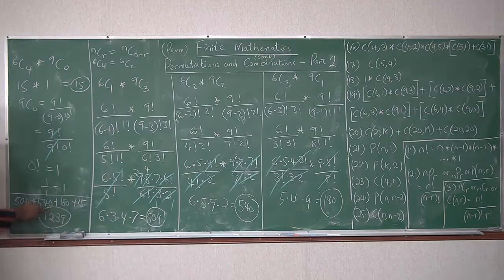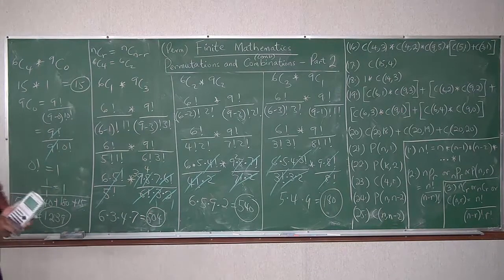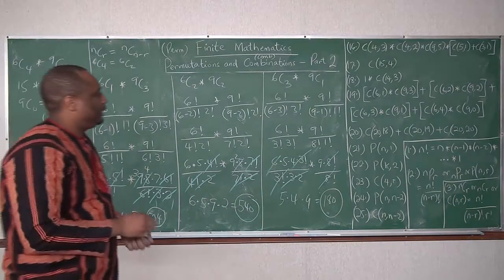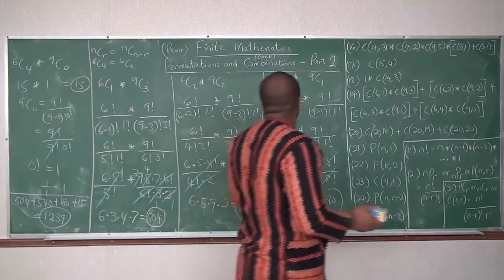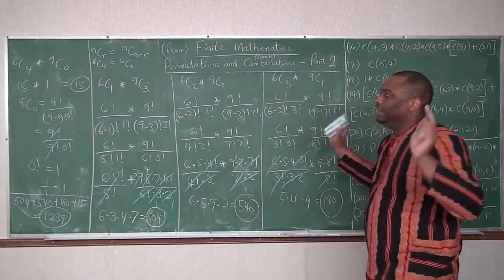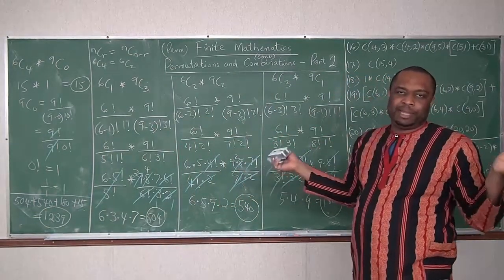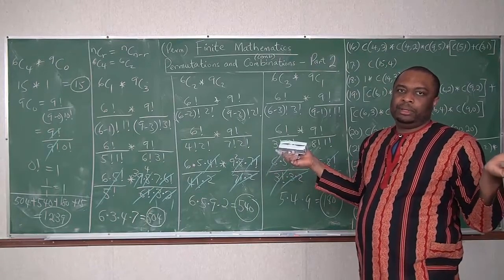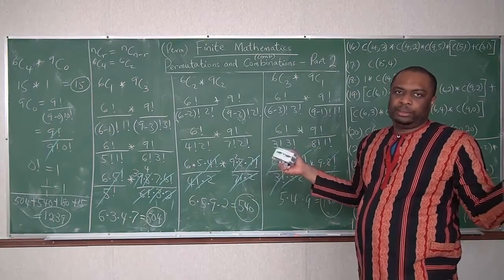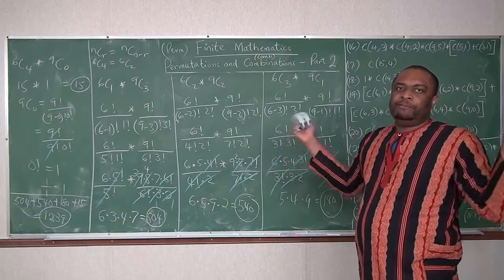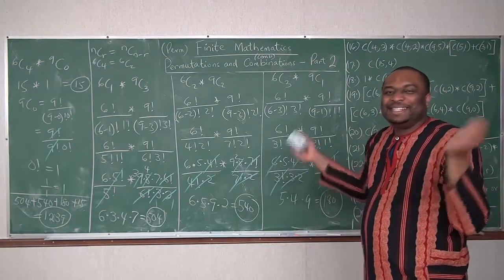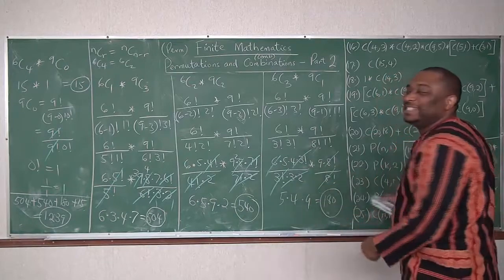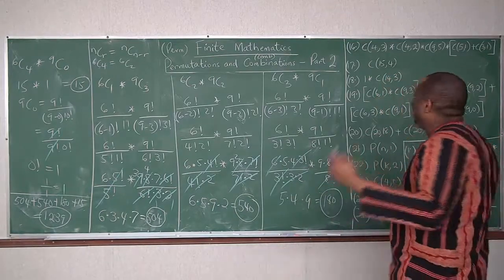Okay. Now, 9 come 0 is the same as 9 come 9, which is 1. 2 come 2 is 1, 3 come 3 is 1, 4 come 4 is 1, 5 come 5 is 1, 6 come 6 is 1, Mr. C come Mr. C is 1.